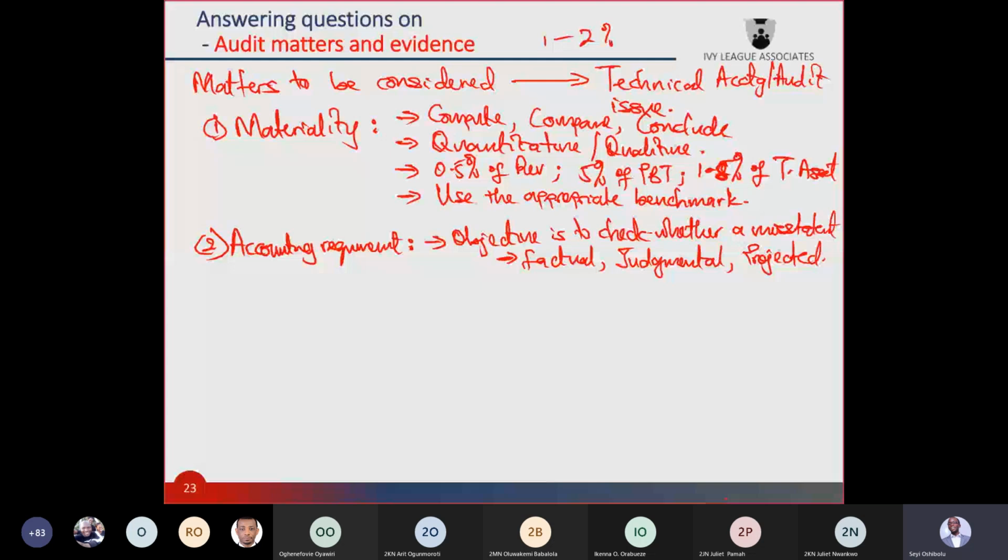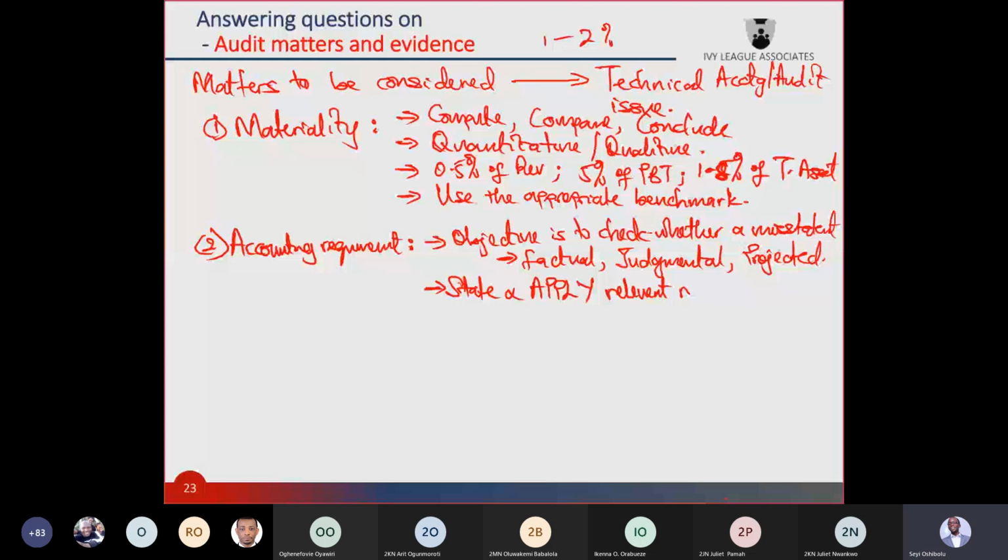Number 2, the way you check whether a misstatement exists is to state and apply, capital letter, apply relevant requirements of IFRS.